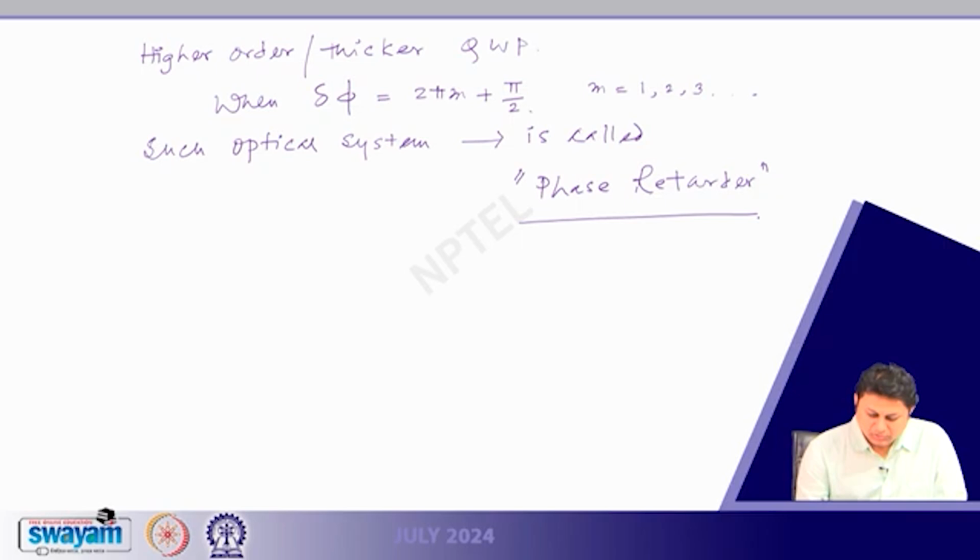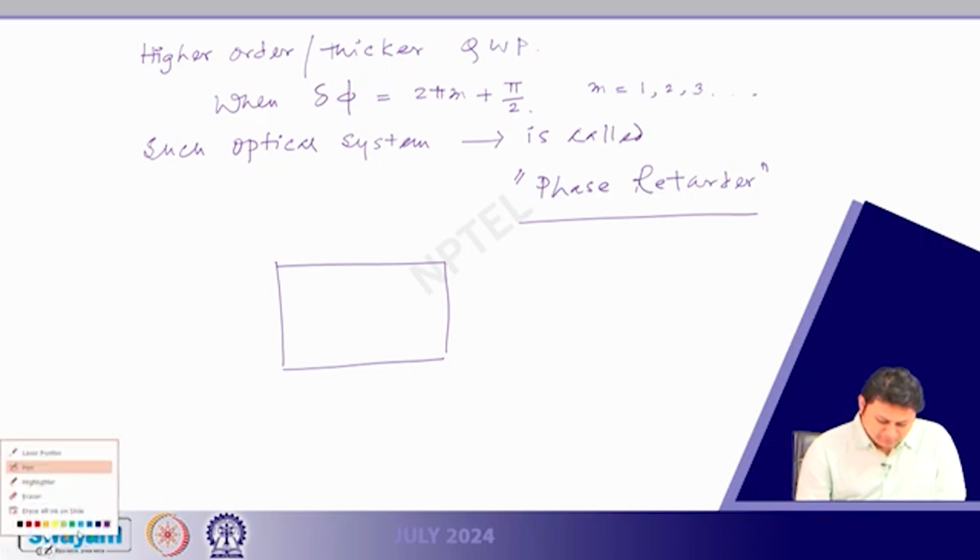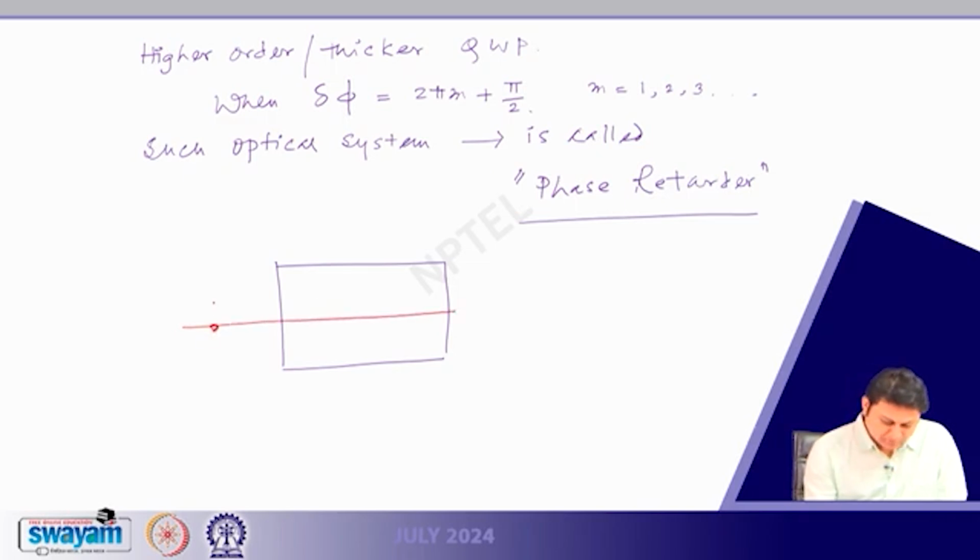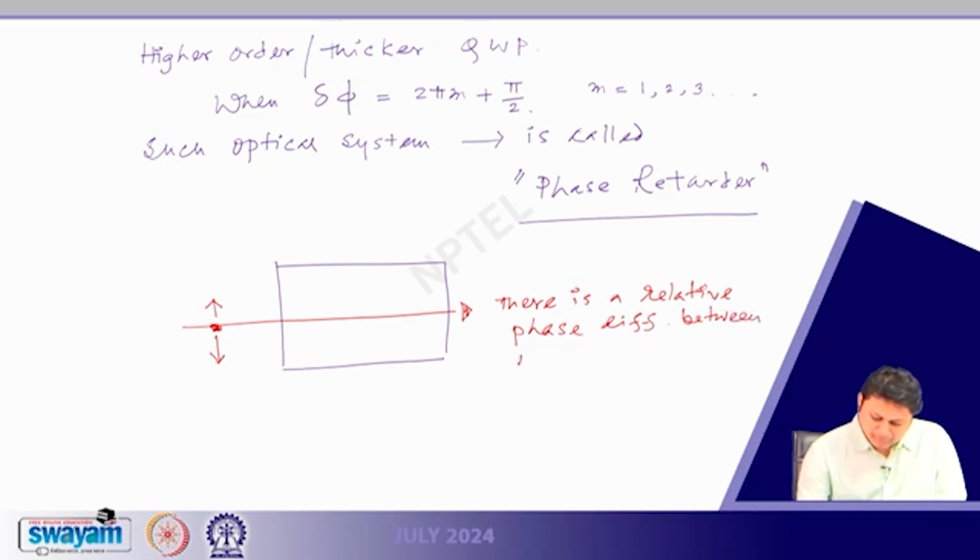That is, somebody launches a light having these two polarization components into this system, then in the output we will see that there is a relative phase difference between the components.